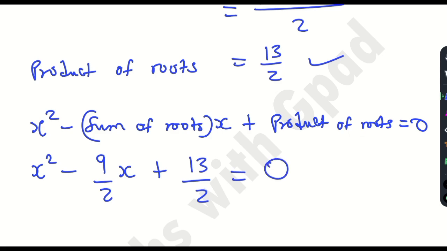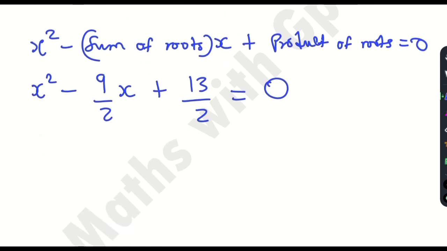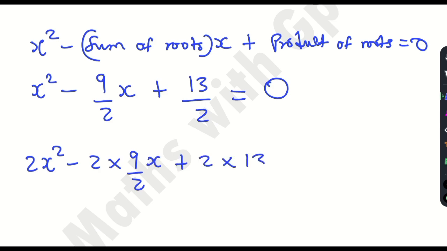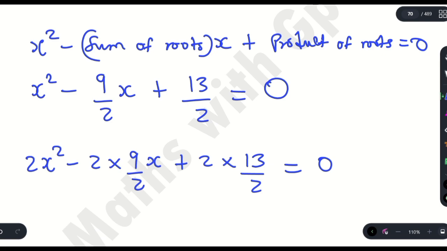What am I going to do next now? I'm going to multiply through by 2. The reason I'm doing that is because I don't want a fraction in this equation. I want to clear off the fraction. So I'll multiply every single term by 2. So I'm going to have 2x squared minus 2 times 9/2 x plus 2 times 13/2, all is equal to 0. Now watch what's going to happen.